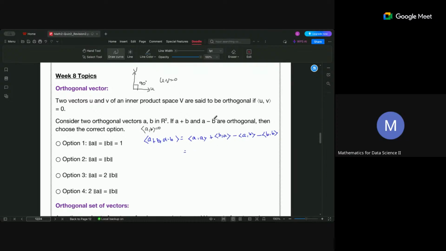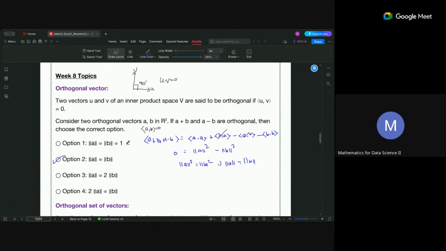A comma b and b comma a. So these will cancel out. You will simply have norm a square and norm b square, and here this is 0. So you have norm a square equal to norm b square. So from this you have norm a equal to norm b. So option 2 is correct.